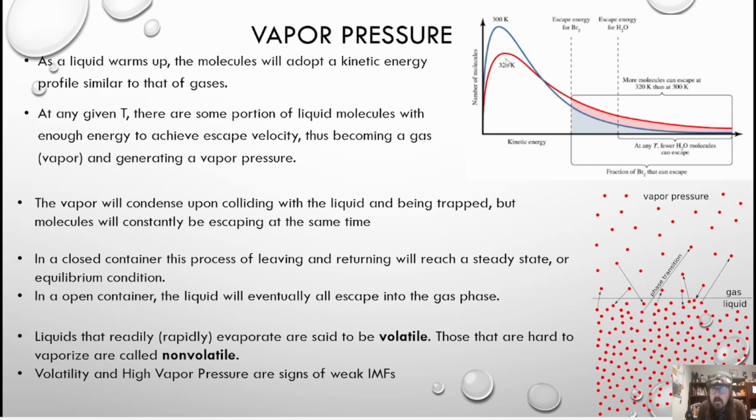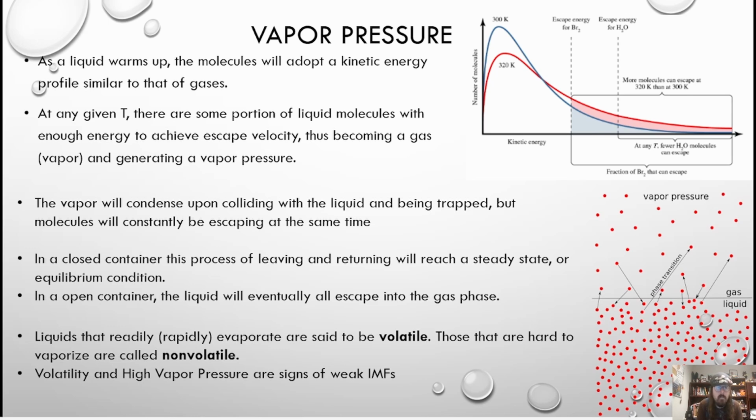As you see here, with bromine, as we heat it up, more molecules can escape. You can have more molecules escape from water. It all depends on what it's mixed in with. Different liquids are going to have different intermolecular forces, so they will have different energy barriers they need to overcome to escape.